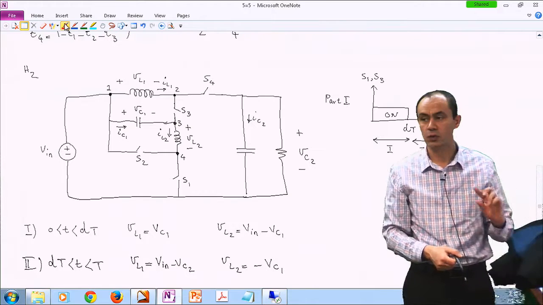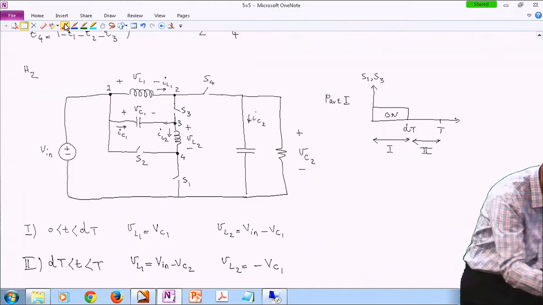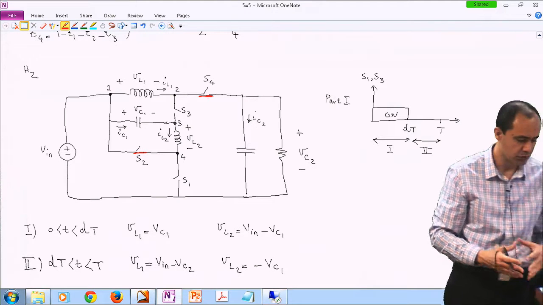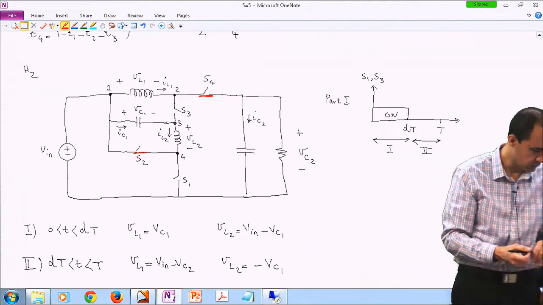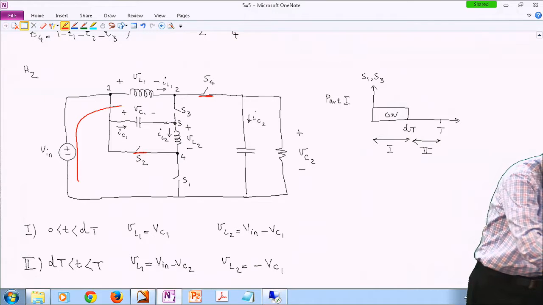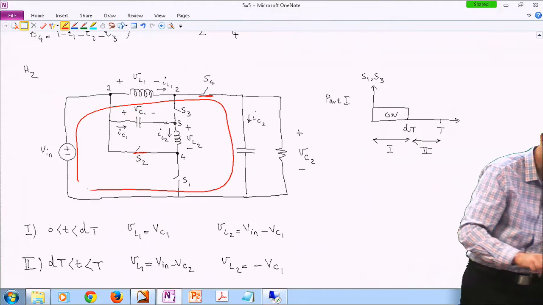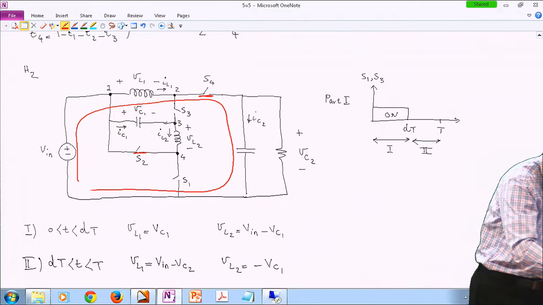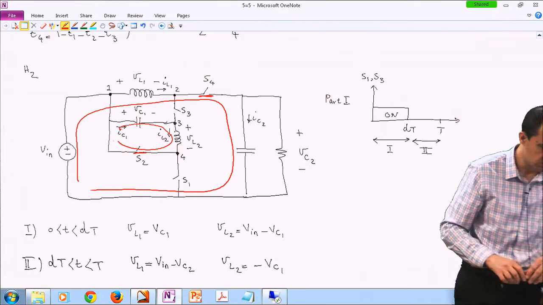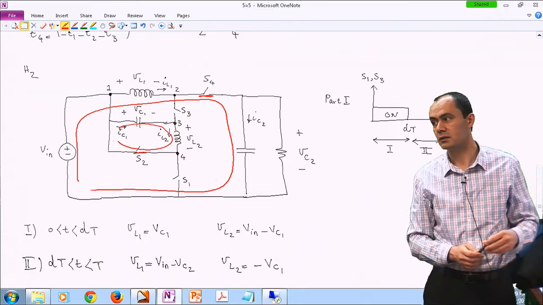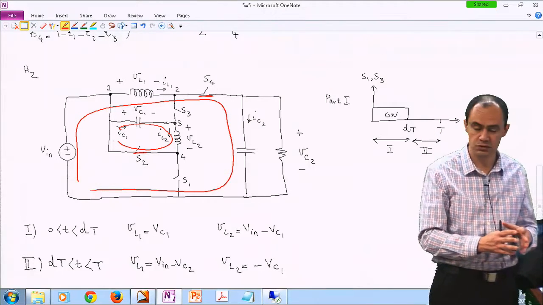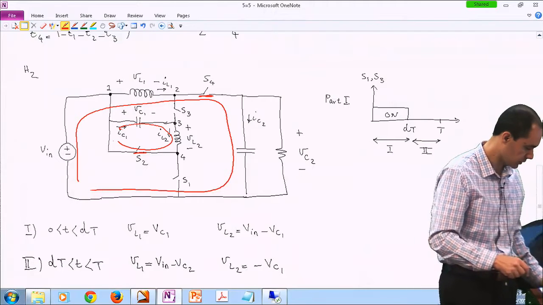So in mode 2, S1 and S3 are off. That means S2 and S4 are shorted. So if you are looking, for instance, for VL1, look at this loop, which is Vin minus VC2. And then if you're looking at VL2, look at this loop, which is the opposite of VC1, basically. Okay? So again, we were successful in describing the inductor voltages in terms of stiff voltages.